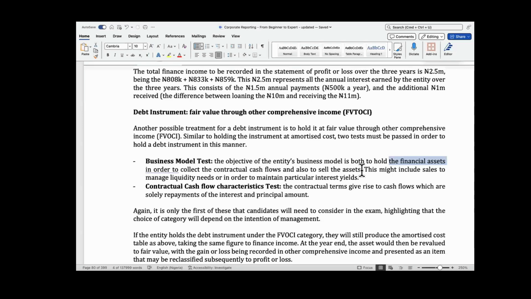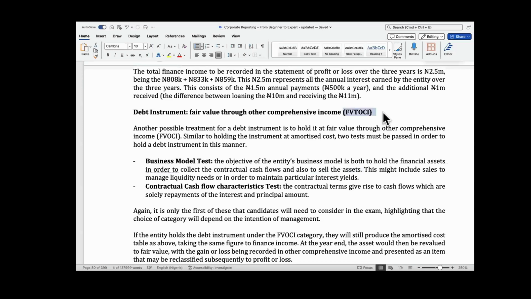So in this case now, you also have the intention of selling. When you also have the intention of selling or liquidating before maturity, then you have to classify that debt investment at fair value through OCI.